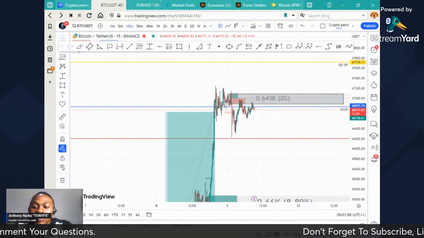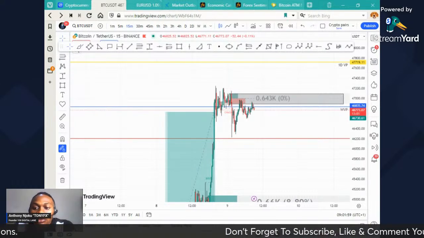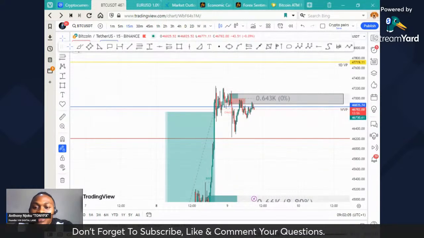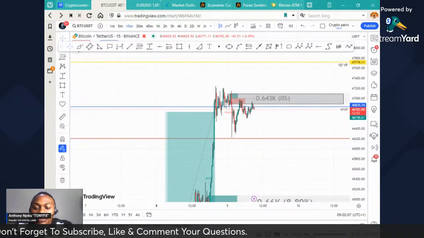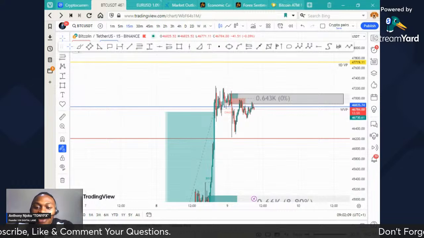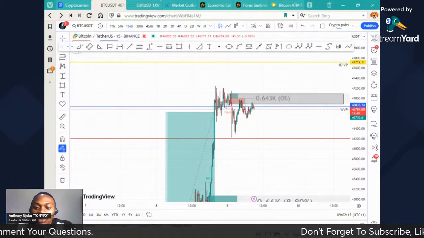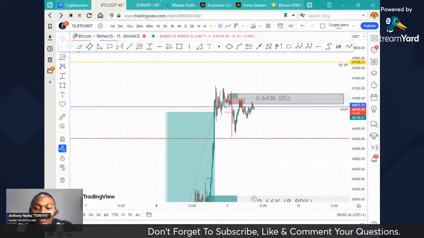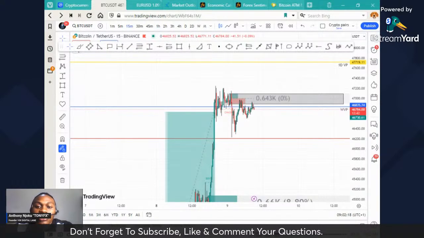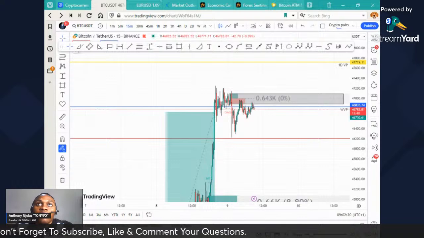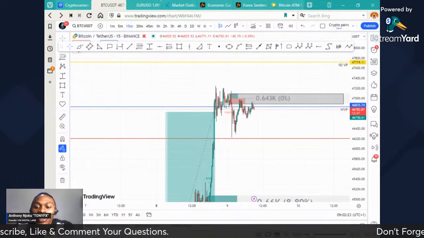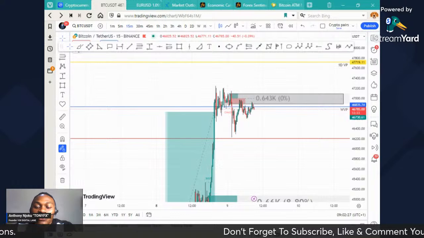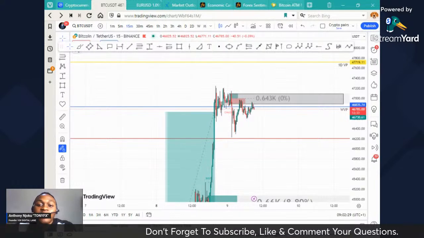Number 8 is Australian dollar. Number 7 is New Zealand dollar. Number 6 is Canadian dollar. Number 5 is Great Britain pound. Number 4 is the United States dollar. Number 3 is euro. Then the second is Swiss franc, and the first is Japanese yen.